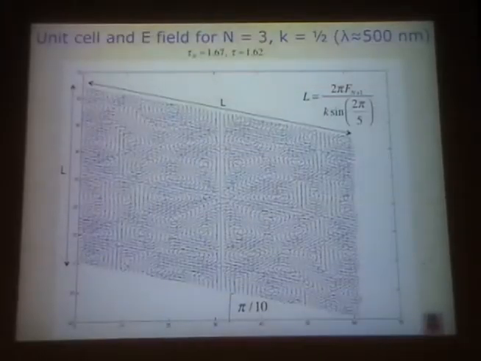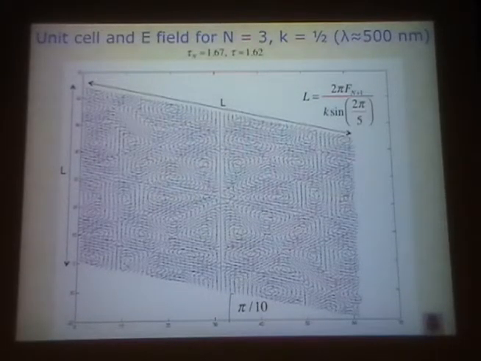Here's the unit cell of that periodic structure, which I've drawn for, in this case, an n equals 3 approximation to the golden mean. That corresponds to a tau n of 1.67, whereas the golden ratio rounded off is 1.62. So this rhombus here is going to be our unit cell.